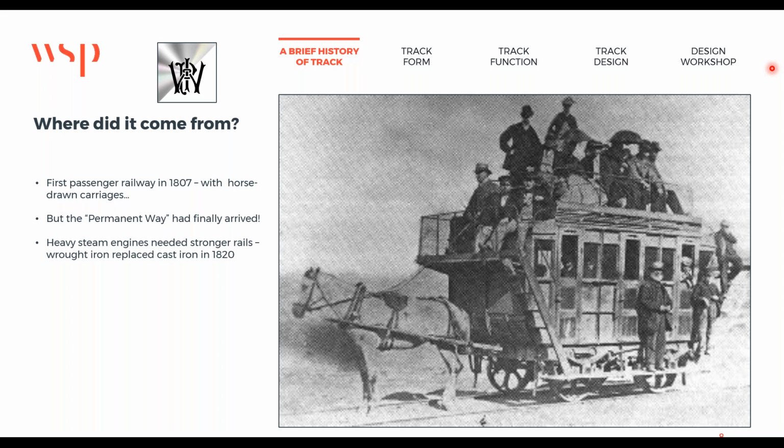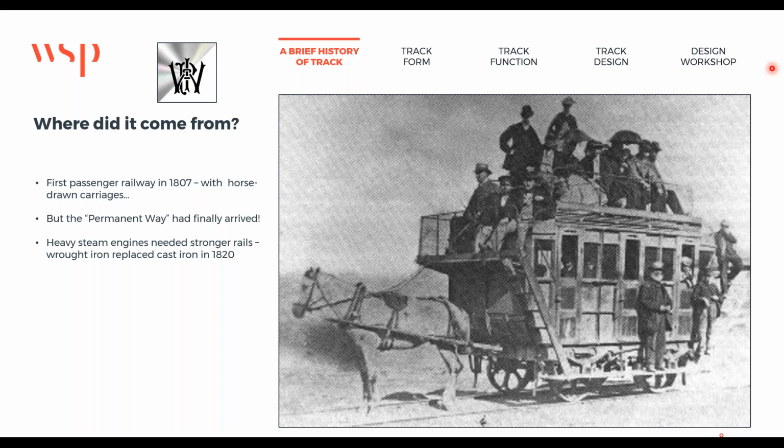The major issue was finally overcome in 1820 when a guy called John Birkinshaw introduced stronger rails using rolled wrought iron sections. Even so, at that time, track gauge dimension was still uncertain. We didn't have a standard gauge. George Stephenson was still constructing his Stockton and Darlington Railway, which in 1825 became the world's first public railway to use steam locos.